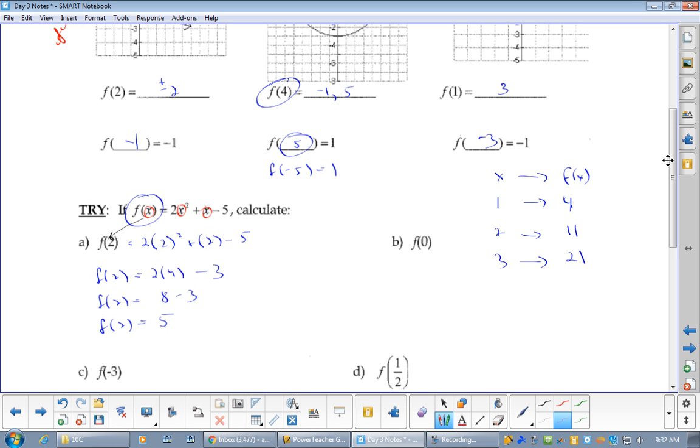Raven, you want to try it? No, there's not a trick. You got to try. Like, what can you do to 3 to get 21? Yeah, but it's got to work for all. The same rule has to work for all of them. Like, if I put in 0, I'll put that one in too. If I put in 0, I get out 3.